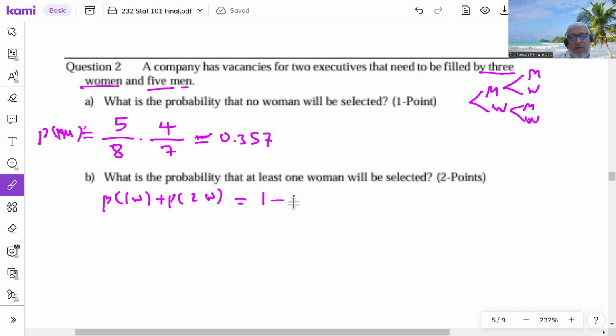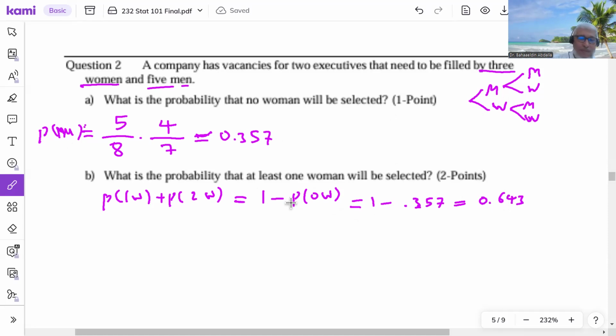This is 1 minus the probability of 0 women, because we only have 3 possibilities, 0, 1 or 2 women, since we have 2 positions only. 0 women means the positions are filled by 2 men, which is the probability we found in part A. So it's 1 minus 0.357, and the answer would be 0.643.